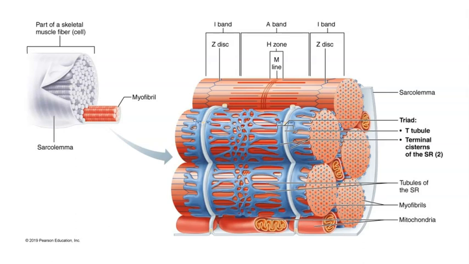And the T in T-tubule just stands for transverse. And that's because they're oriented perpendicular to the direction of the myofibrils. And we're going to see how these work a little bit later, but these are really important in helping the spread of the electrical activity of the skeletal muscle cell when it's stimulated.